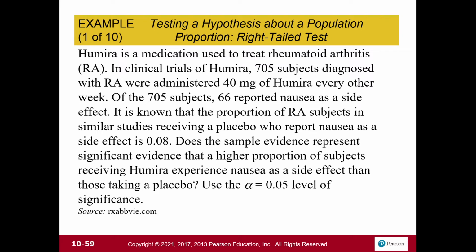Does the sample evidence represent significant evidence that a higher proportion of subjects receiving Humira experiences nausea as a side effect than those taking the placebo? And we'll use an alpha level of 0.05.